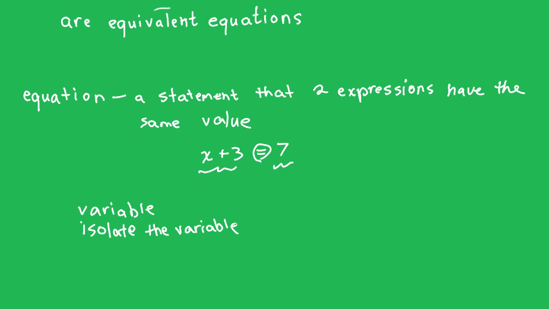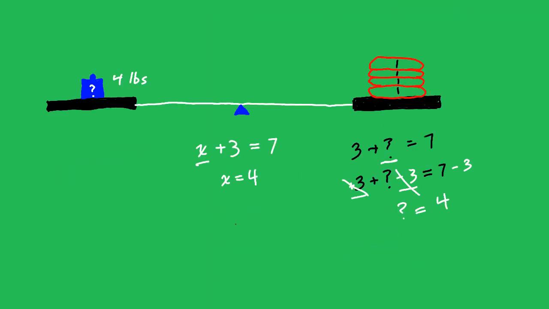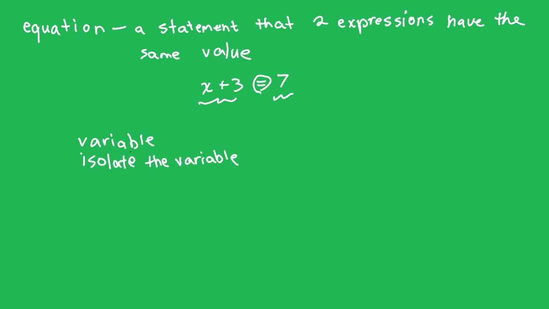So when we get it alone by itself, whether in the physical world, when we took off those three other disks off the left side and left just that unknown weight by itself, or whether we took the question mark here and subtracted 3 to get the question mark alone by itself in this equation form, that's called isolating the variable. And when we found out how much the unknown weight weighs, we call that solving the equation.